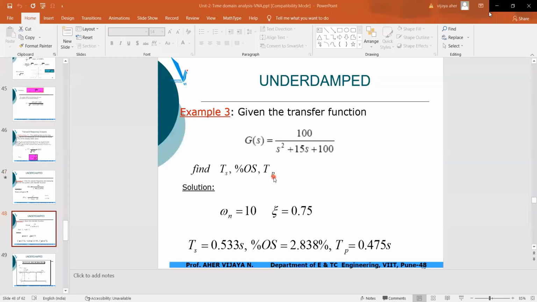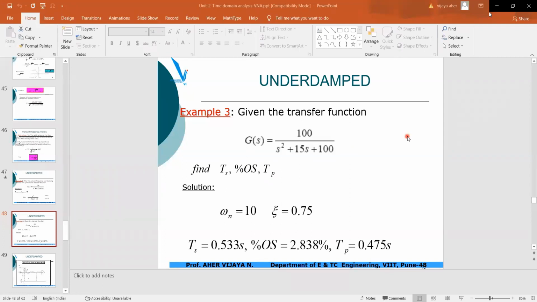Again, compare your given equation of transfer function with the standard equation of transfer function for a second order system, that is omega n square divided by s square plus 2 omega n zeta into s plus omega n square, which is 100 here.